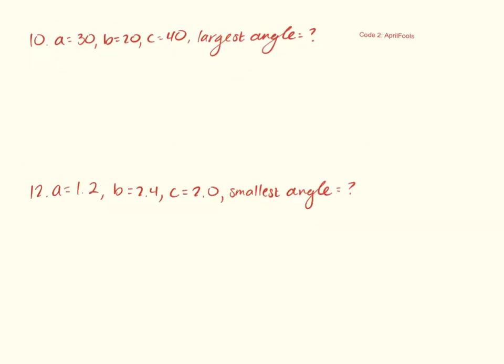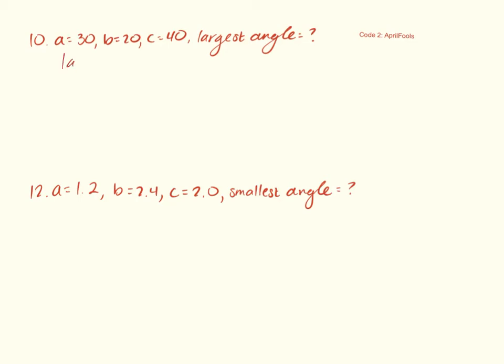Let's look at 2 more examples for law of cosines. In 10, they tell us that A is equal to 30, B is equal to 20, C is equal to 40, and they want us to find the largest angle. But they don't tell us which one is the largest angle, or do they?